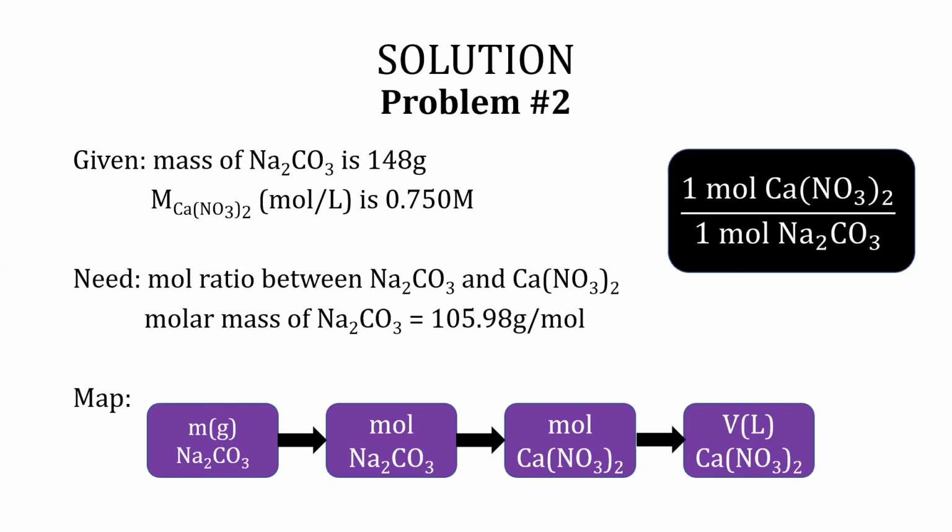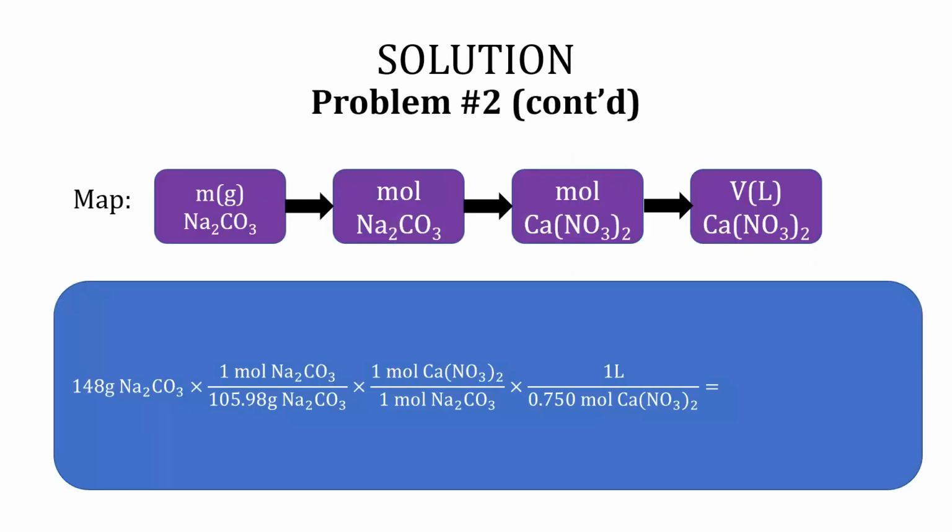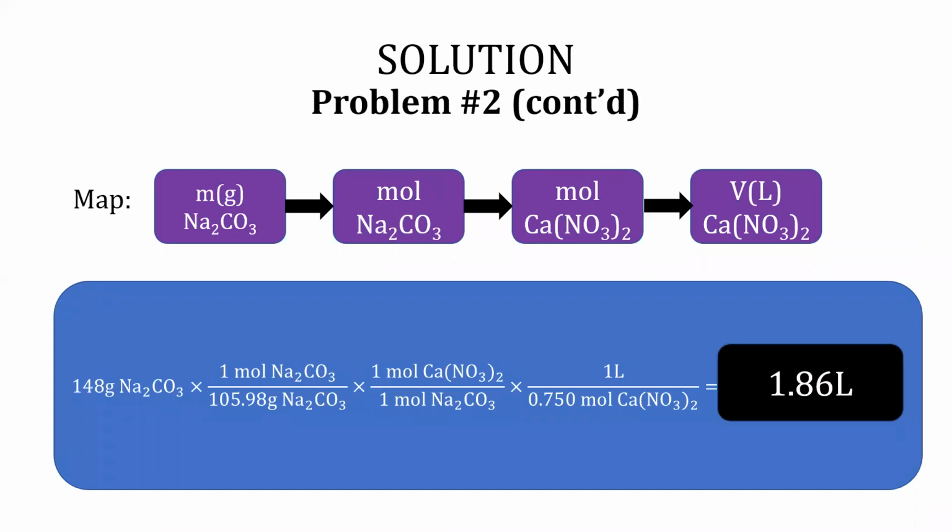Lastly, the moles obtained is then divided by its molarity, resulting in the volume of CaNO3. After plugging in all the values, the volume is 1.86 L.